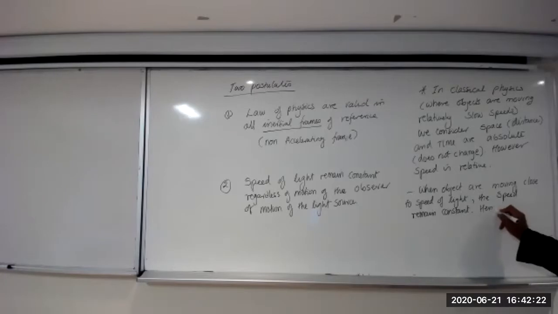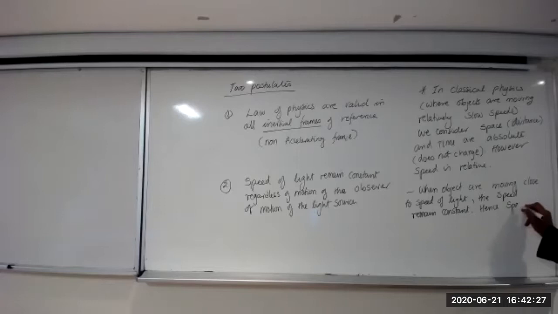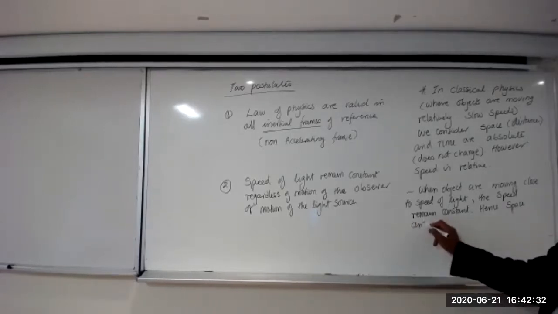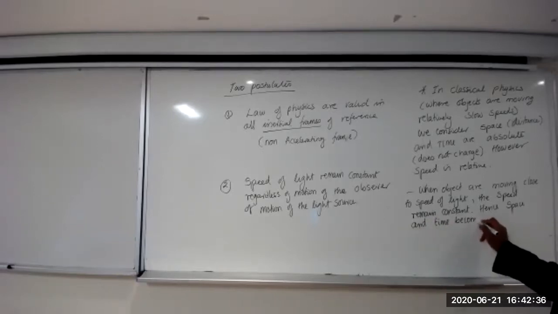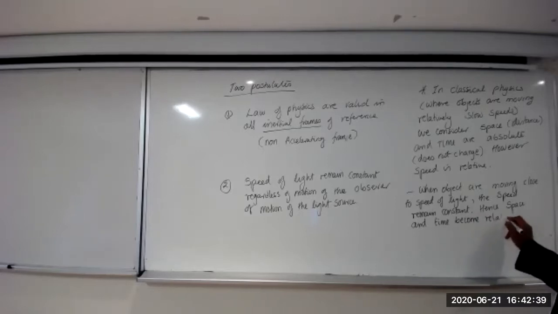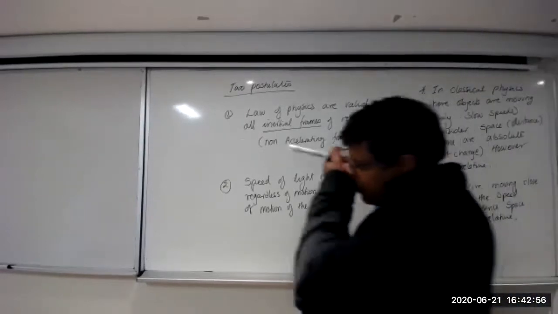Hence, the space and time should be relative. So when objects are moving close to the speed of light, the speed remains constant. The space and time become relative. They're not absolute anymore. This is where time dilation and length contraction come in.